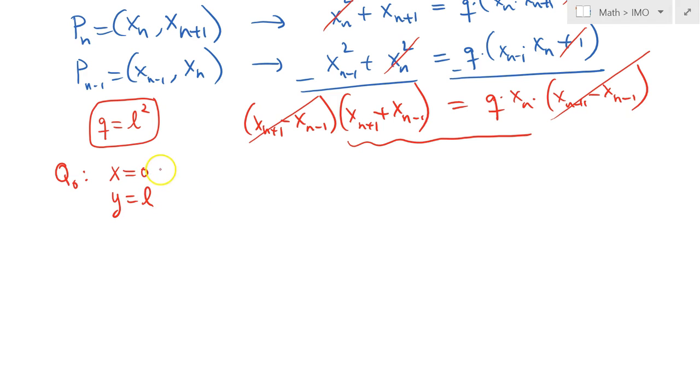So this one here is, let's call it x sub 0, and let's call this one x sub 1. If I now use the recursion to find x sub 2, I will get x sub 2 plus x sub 0 is equal to q times, q is equal to L square.